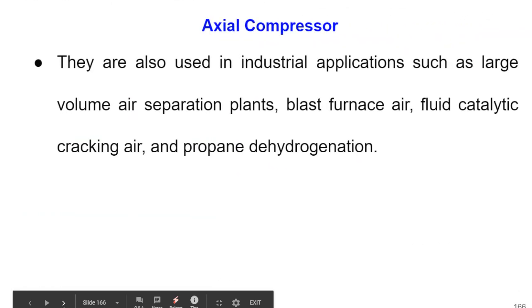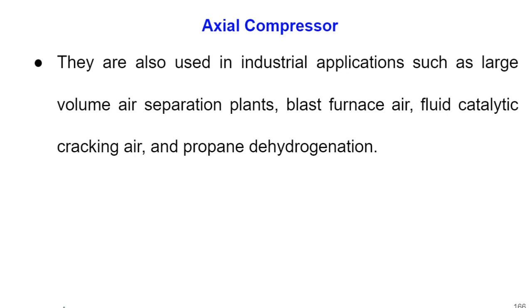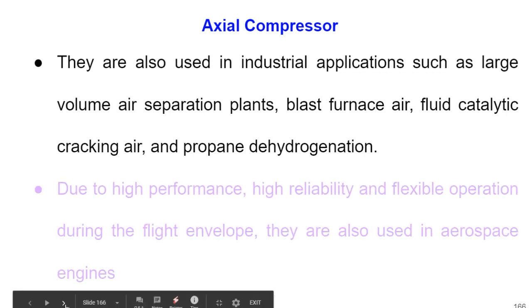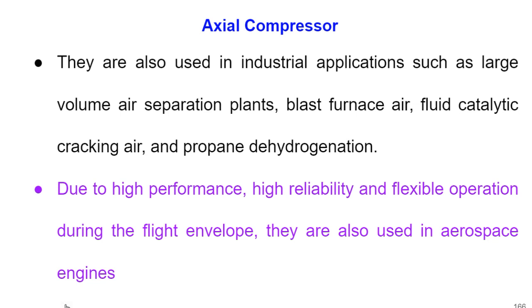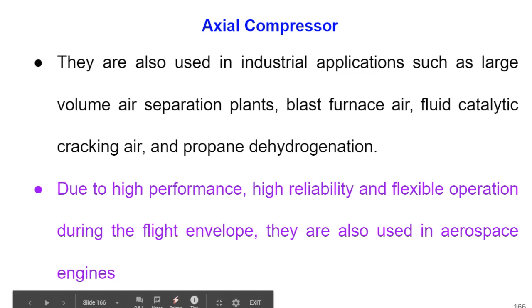They are used in industrial applications such as large volume air separation plants, blast furnace air, fluid catalytic cracking air, and propane dehydrogenation. Due to high performance, high reliability and flexible operation during the flight envelope, they are also used in aerospace engines.